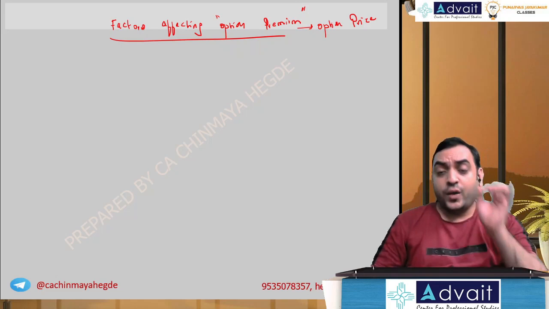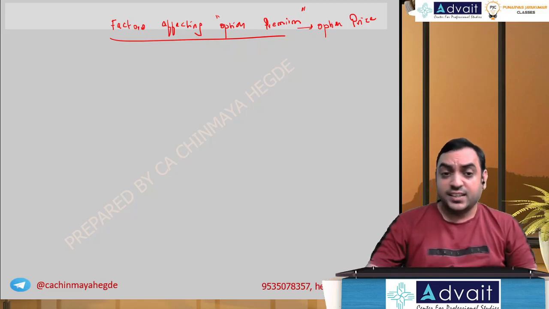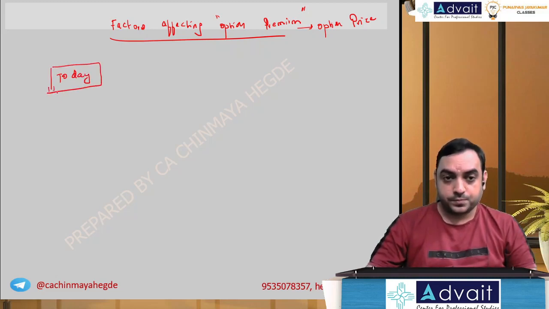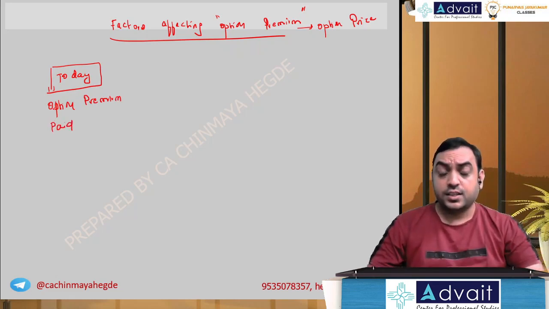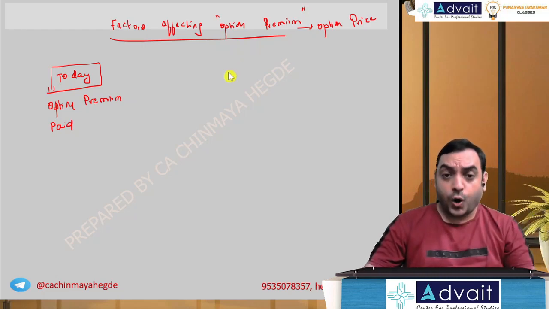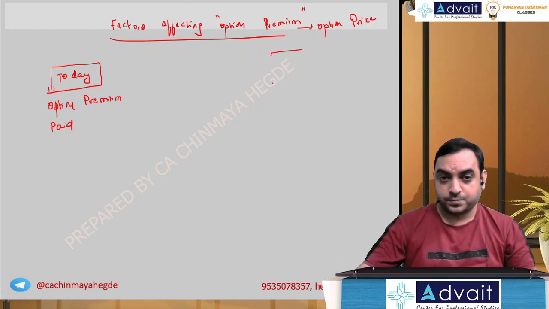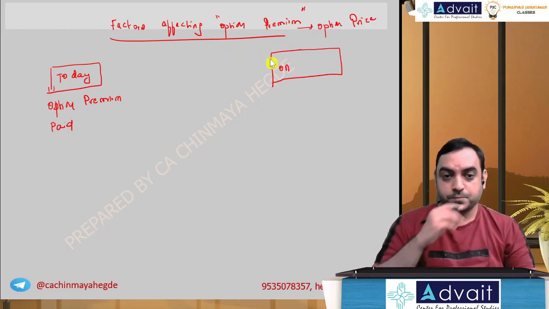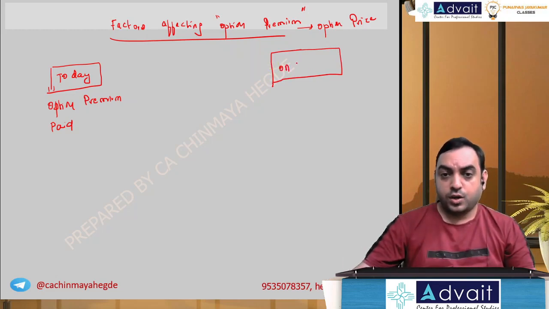First of all, when is the option premium paid or received? That is today. Hope you know the basics. So today, the option premium is paid. But when do you get the benefit? Of course, when you exit, you get the benefit, or you remain till maturity, on expiry.